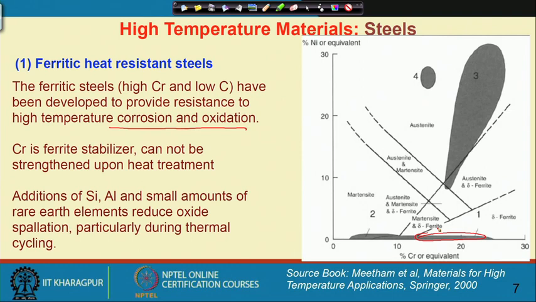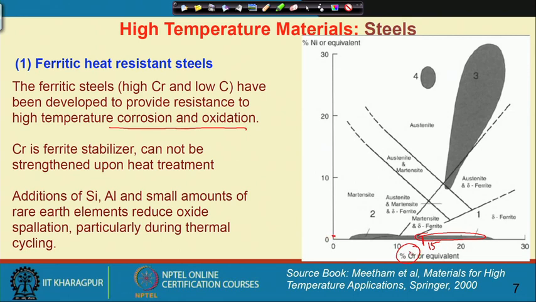From the Schaeffler diagram itself, one can assume that the chromium percentage should be around 15%, and there the nickel is very little.